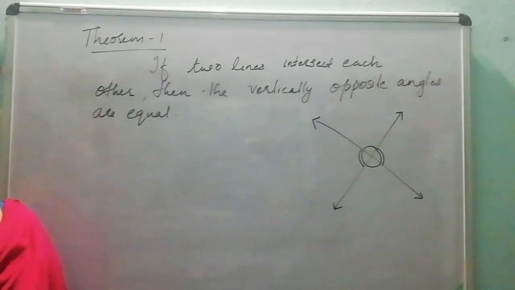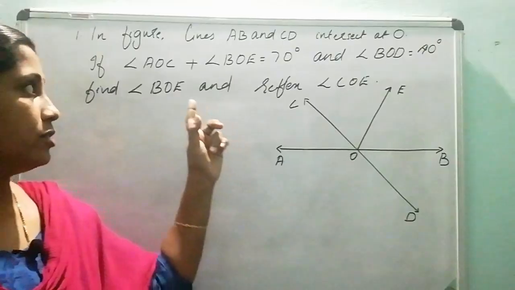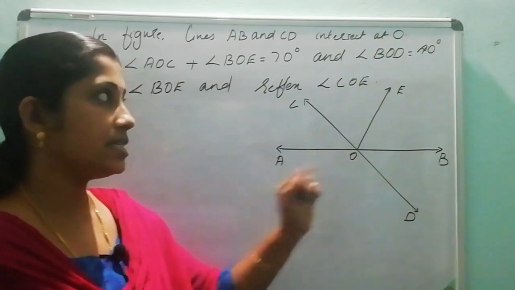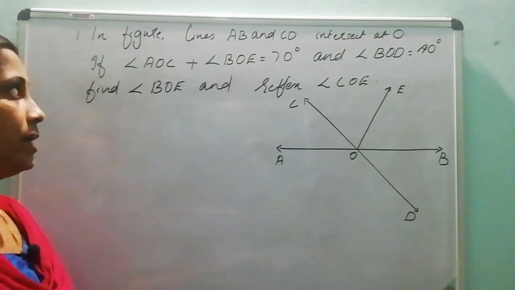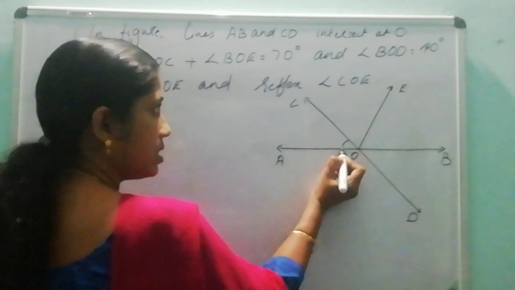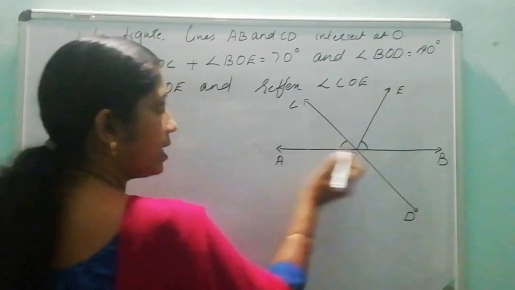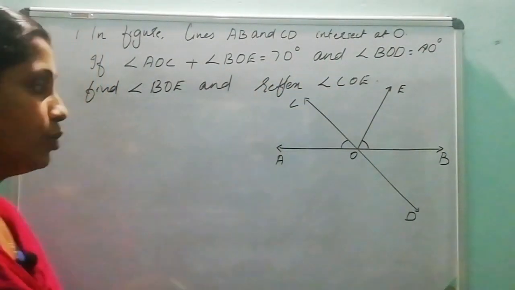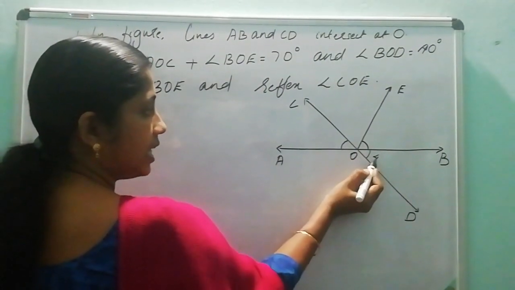Then we can move on to the first question, exercise 6.1. In the figure, lines AB and CD intersect at O. Angle AOC plus angle BOE is equal to 70 degrees, and angle BOD is equal to 40 degrees, that is given.